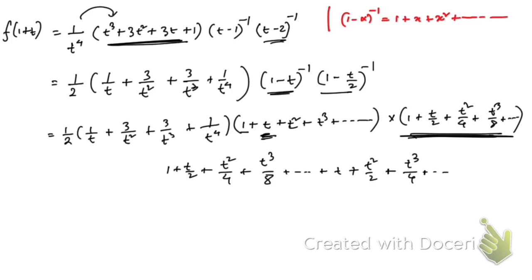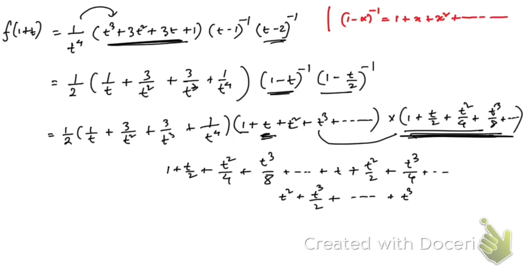Similarly, if you multiply this by t to the power 2, then you're going to have t square plus t to the power 3 by 2. Then we don't need more. Then if you multiply this by t to the power 3, we're going to get the first term t to the power 3, and we don't need higher power.